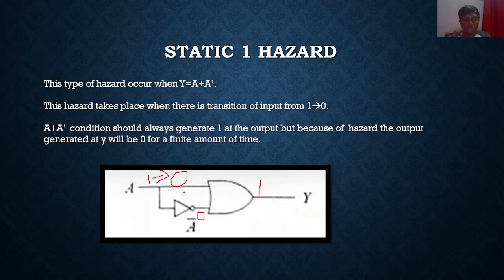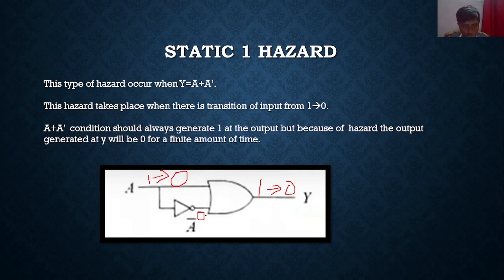So there are two zeros given as input to the OR gate. So 0 OR 0 will become 0, and this is basically a static one hazard.